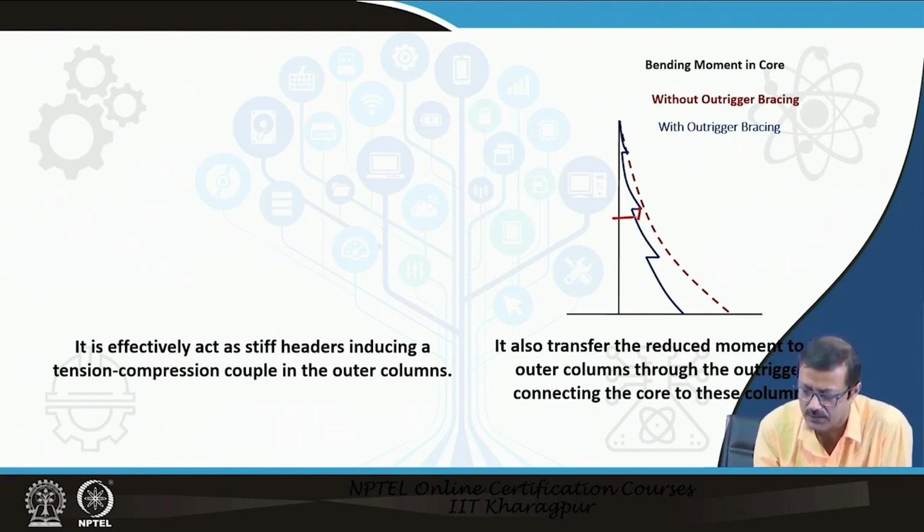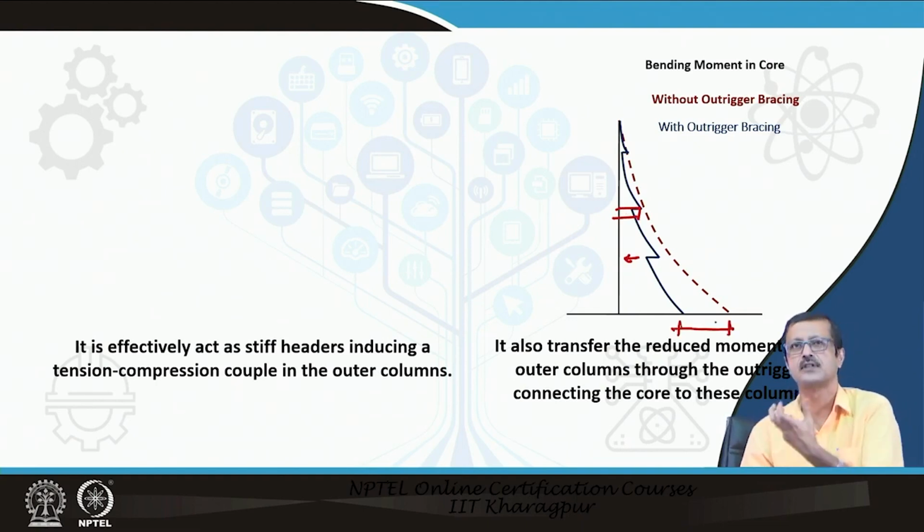This belt is going to absorb, as a stiffener, some amount of bending moment because of its material property. Due to that, a considerably lesser amount of bending moment will be there at the ground plane.